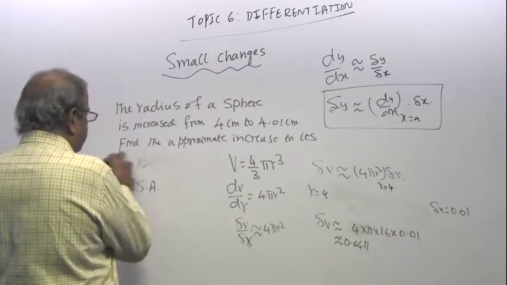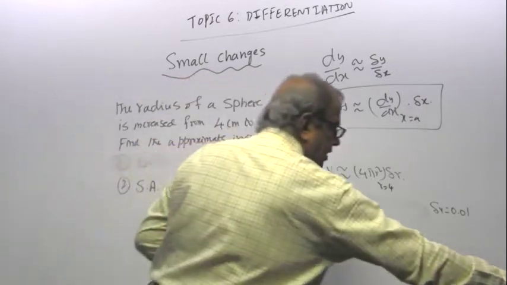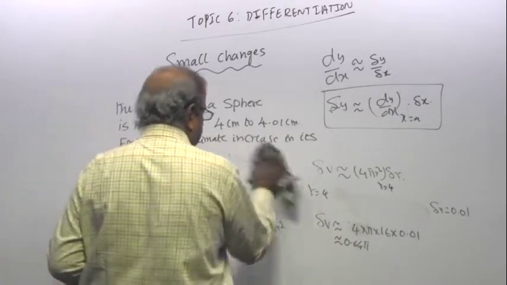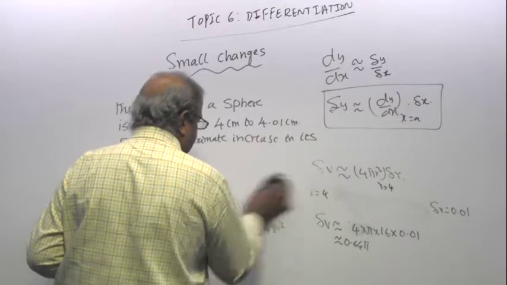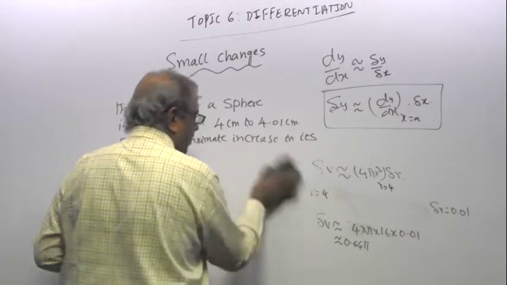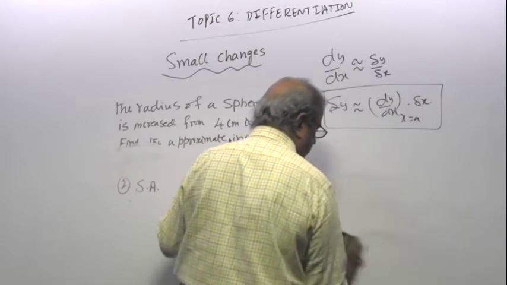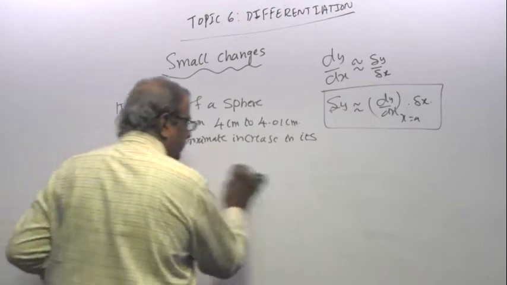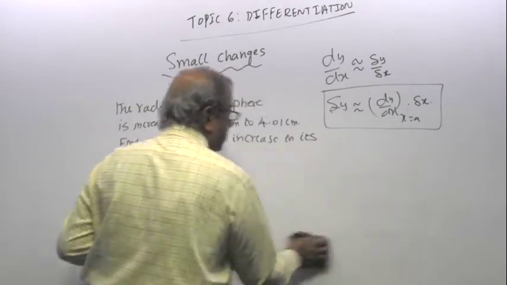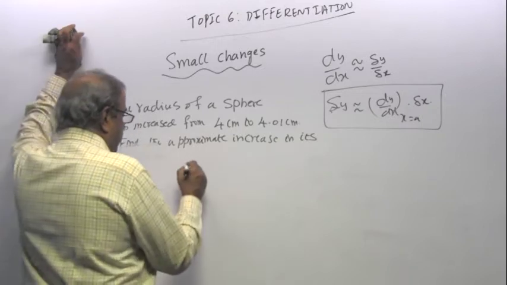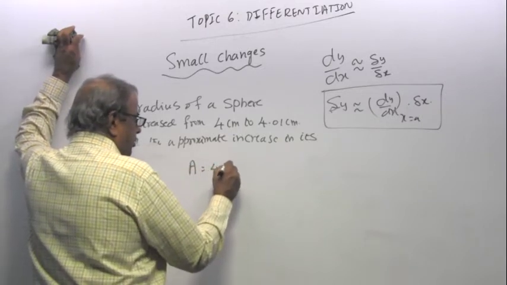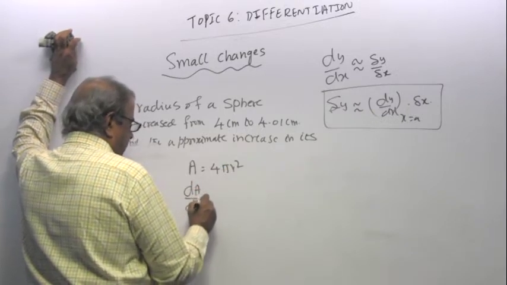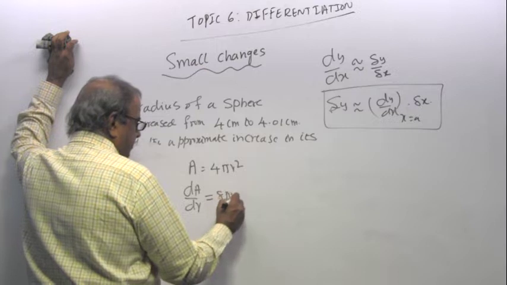Okay. Let's find the change in surface area when the radius changes from 4 to 4.01. I'll have to rub this, otherwise I'll get more smudging. So now surface area is 4 pi r squared. So dA by dr is 8 pi r.